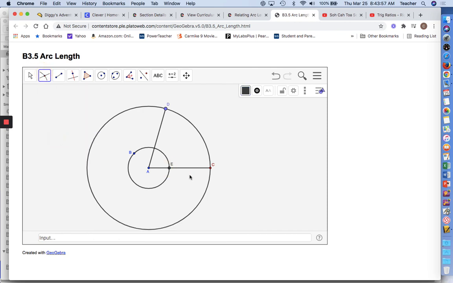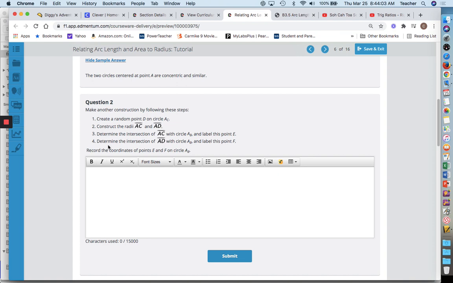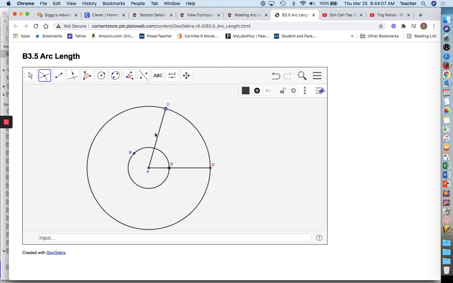There's my E. And I assume they want this one to be F, but let me read. Determine the intersection of AD with circle B, and label it F. All right, I've got my intersection points.